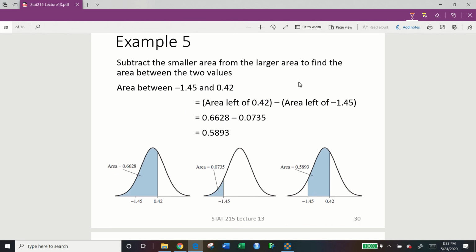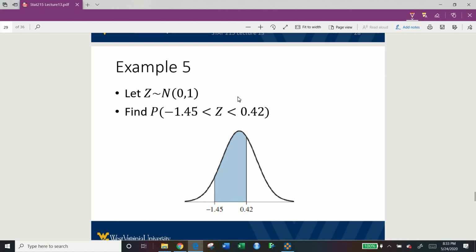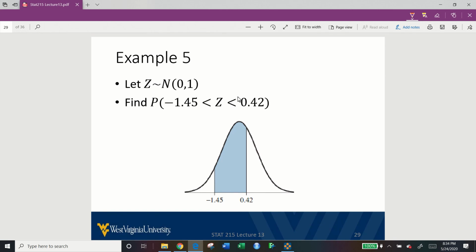So what we're going to want to do is subtract the smaller area from our larger area to find our area in between our two values, which, if you remember the way we've explained this before when we talked about the binomial and the Poisson, means we have to find the probability of z less than 0.42 and subtract from it the probability of z less than negative 1.45.